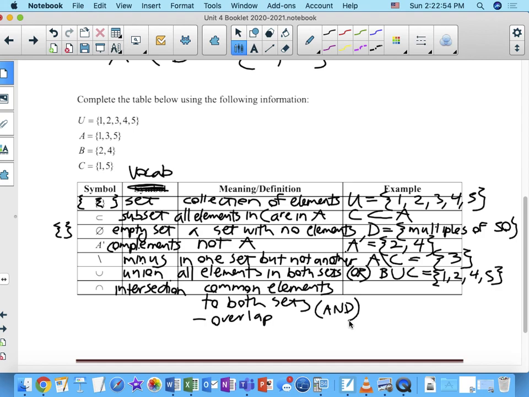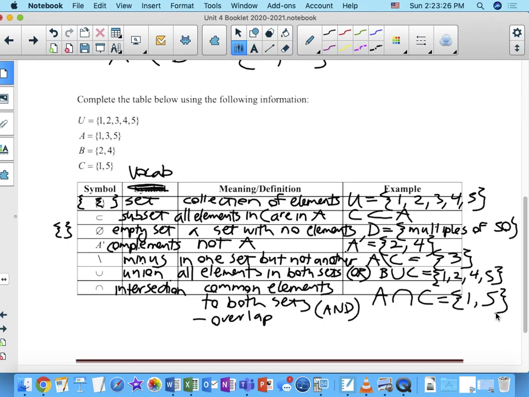Okay, so for example, let's say I did A union C. Okay, the common elements, not A union C, my bad, I wrote the right thing, but I said the wrong thing. A intersection C would be what's common to A and C, it would be 1 and 5. Those are the elements that they both have.